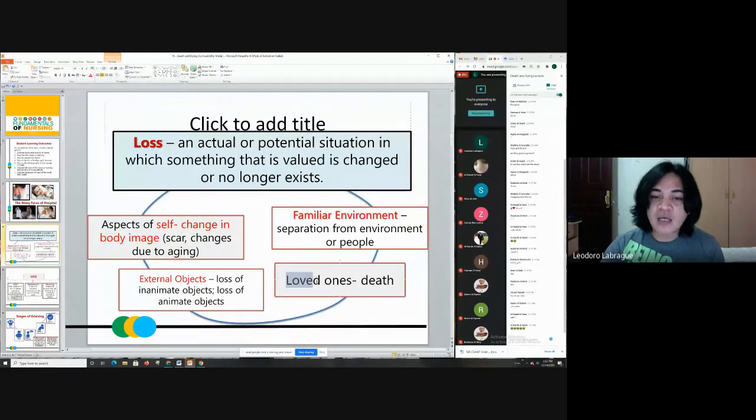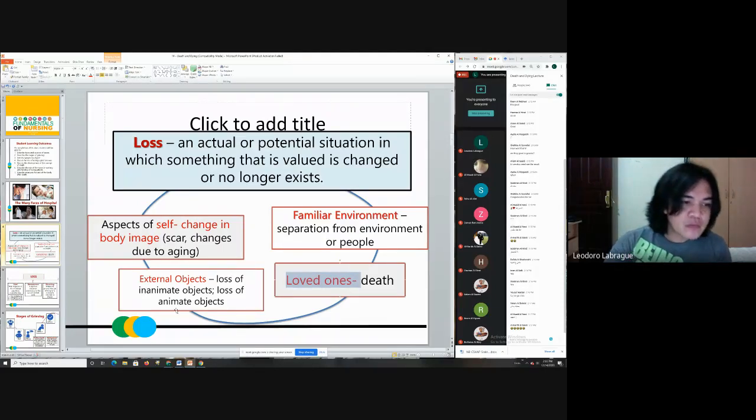But among these types of loss, of course, the most heartbreaking is when you lose loved ones because of death. And I know when you work in the hospital, I'll tell you, you will witness someone dying. You will witness your patients die. You will experience death in your family members, and you need to be ready emotionally for that occurrence.